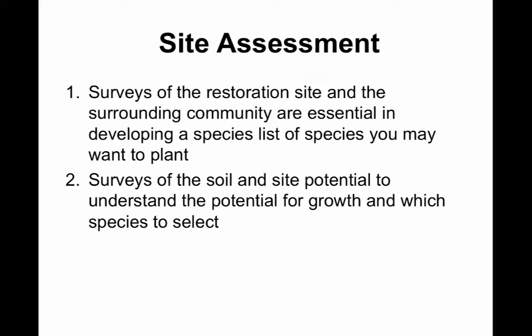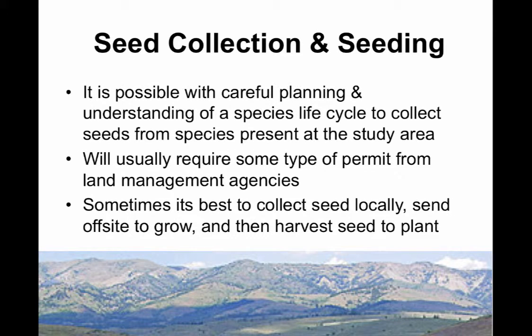for that specific site. Okay, so typically when you think about seed collection and seeding, this is really going to be dependent on site, and there are only some general rules of thumb that I want to share with you in this introductory material. With careful planning, and it's critical, you really need to understand the species life cycle, right? Understand when they germinate and what factors they require to germinate.